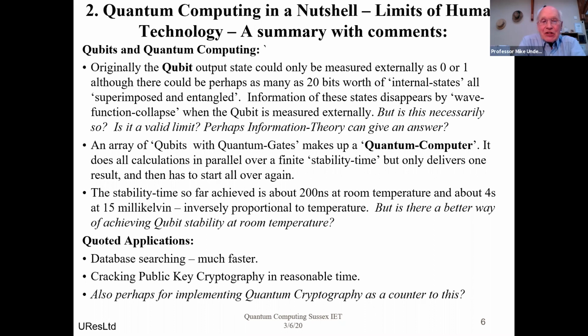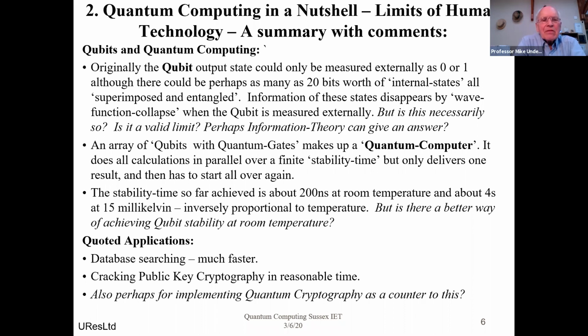And the answer is it's not completely a valid limit. It's very, very important to realize that it's better than that particular piece of, if you like, physics dogma would have. It contradicts some of the classical quantum theory concepts.